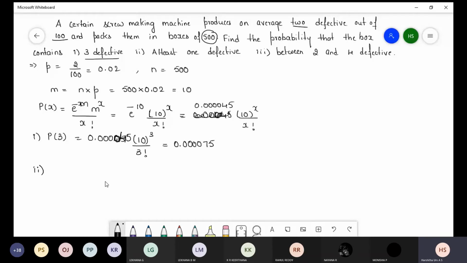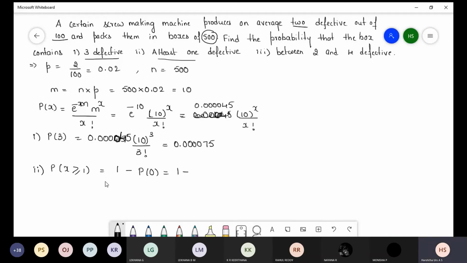At least one defective means here P of x greater than or equal to 1. So 1 minus P of 0.